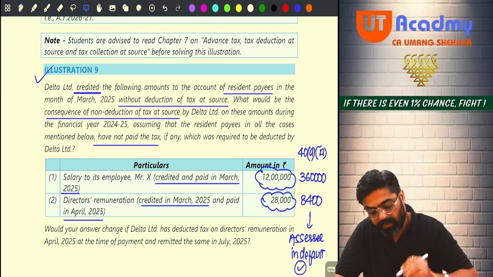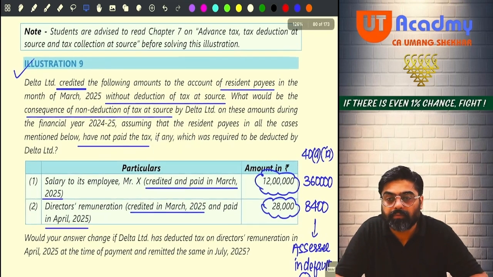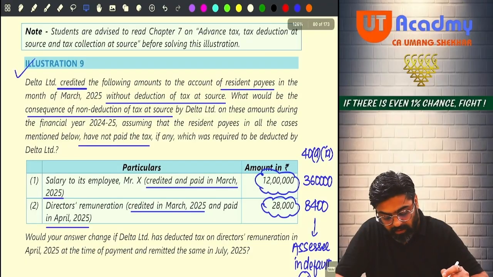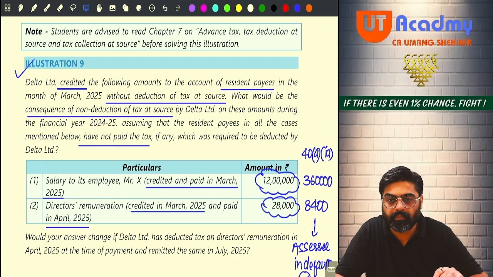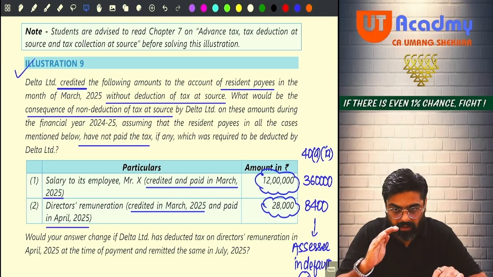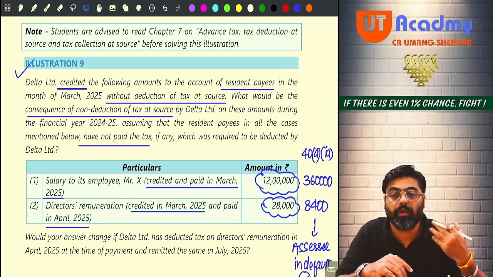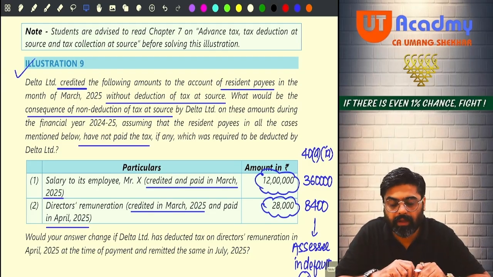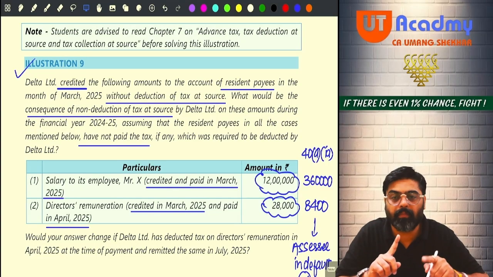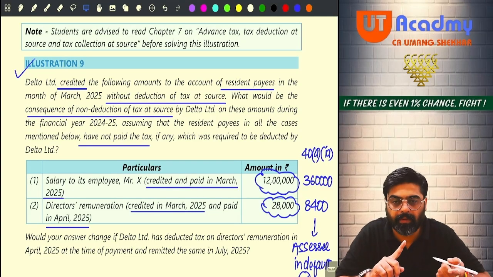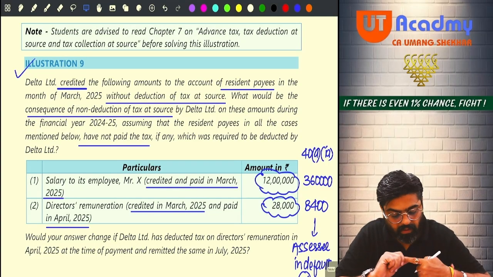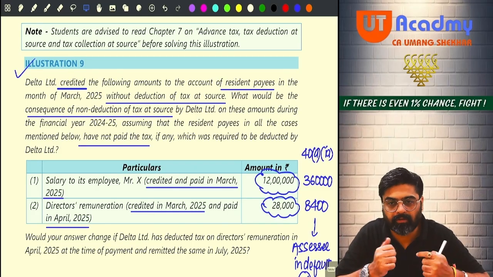So pay attention. Delta Limited credited the following amounts to the accounts of following resident payees. Meaning that Delta Limited is making the payment for some expenses.